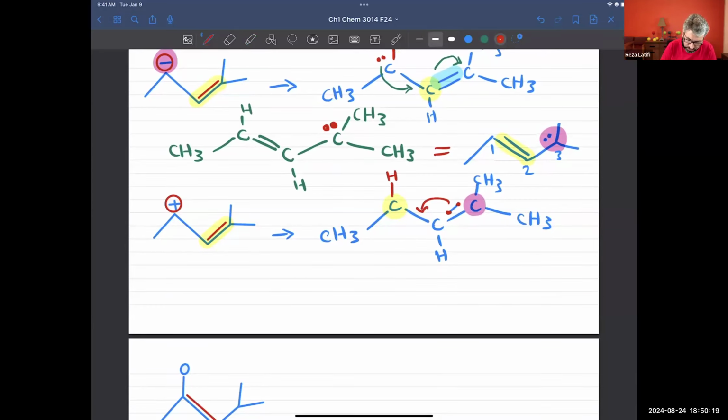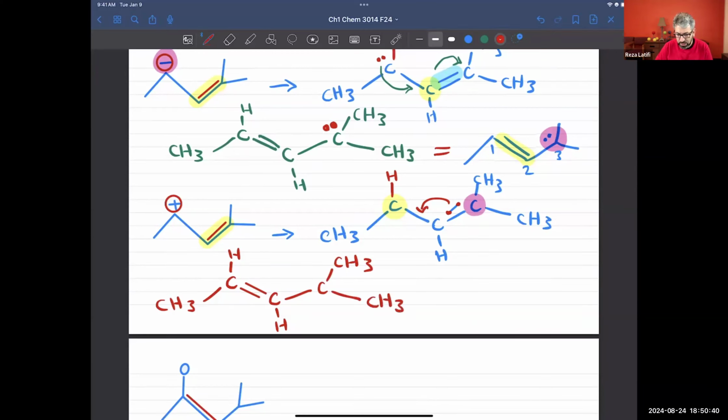In that case, we're going to get CH3, carbon, H, and here we get a double bond. Then I get carbon attached to hydrogen, here carbon attached to CH3, and then CH3. But this carbon now is octet.